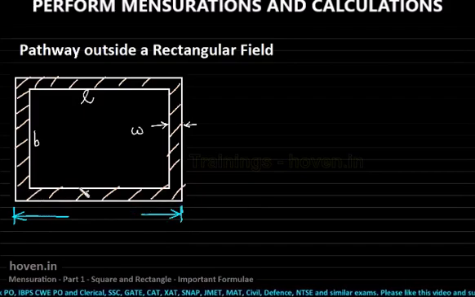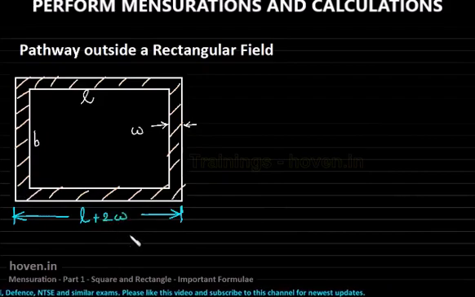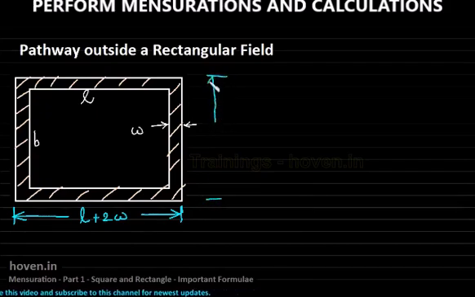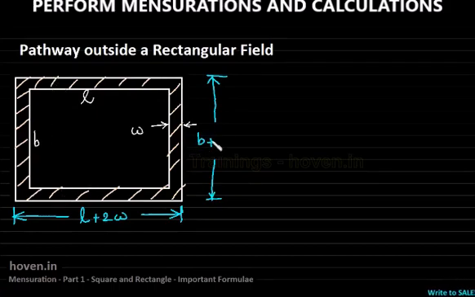If this is length L, then it has been increased by W on this side and W on this side. Therefore, this length becomes L plus 2W. And similarly, the breadth of the outer rectangle would be B plus, it is increased by W here and W here, so it will be B plus 2W.